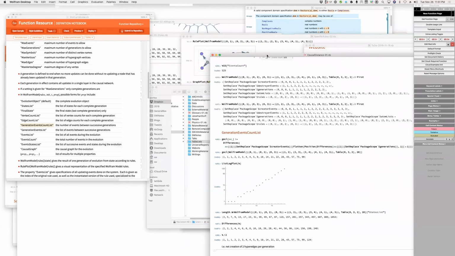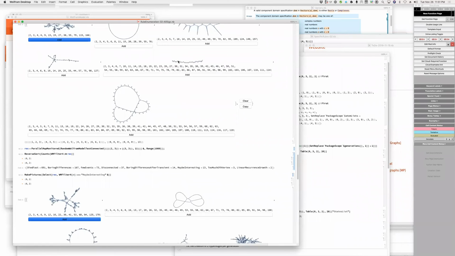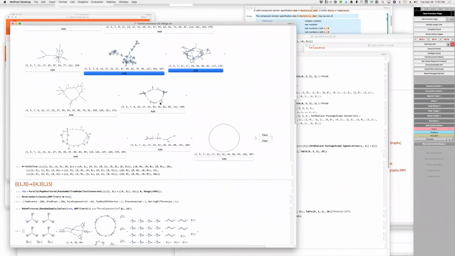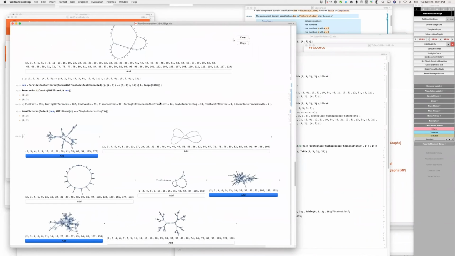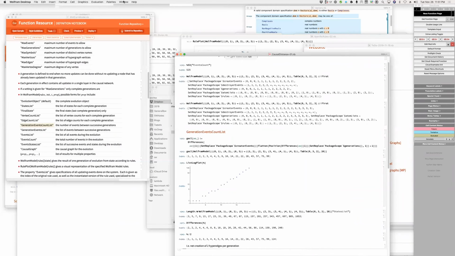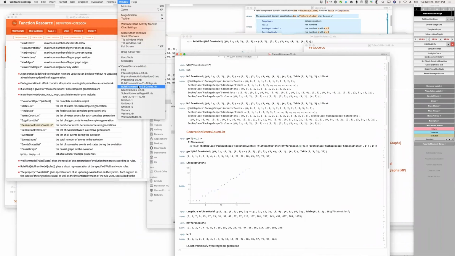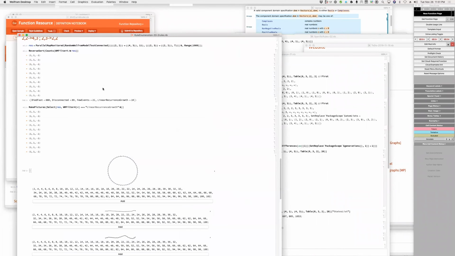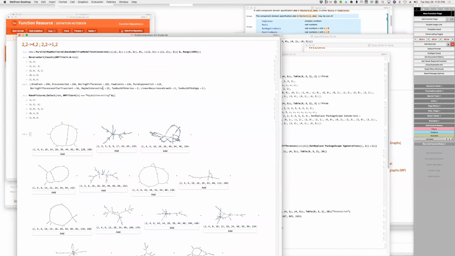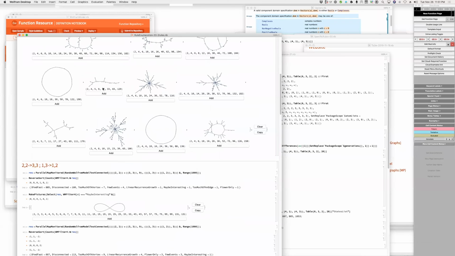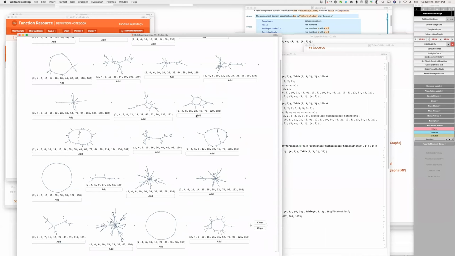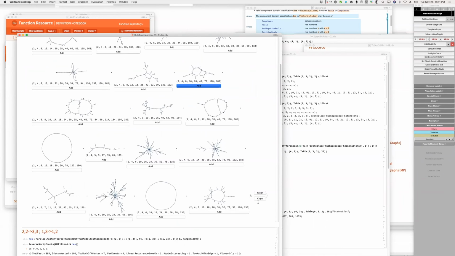All right, well, let's pick one of our multiple rules and see what it does. Which one would you like? Let's take that little creature there.